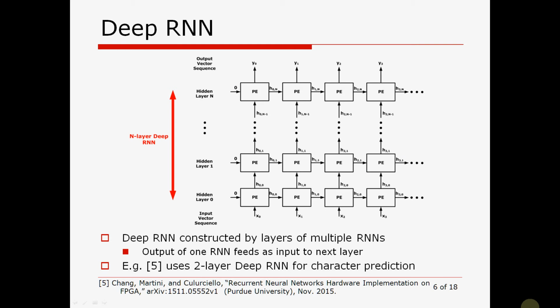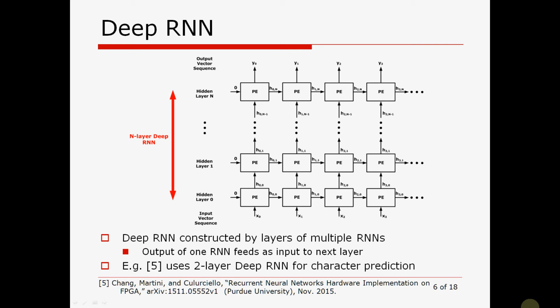One way we can connect the processing elements together is in a deep RNN configuration. A deep RNN is constructed by layers of multiple RNNs. So for example, if in each horizontal row here I have one RNN, I can have n RNNs stacked together to form an n-layer deep RNN.